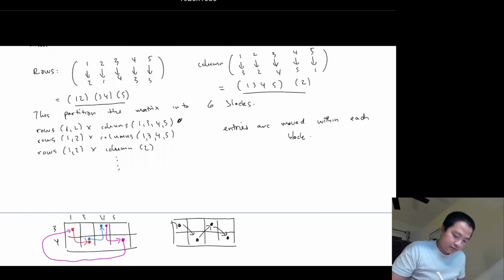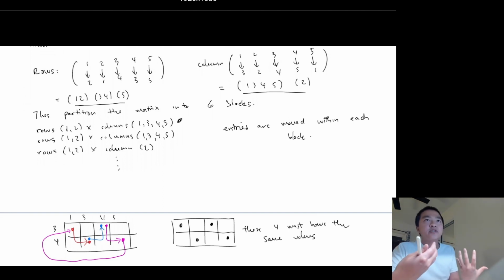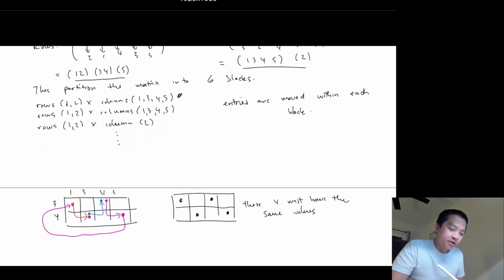So if you apply this transformation and you end up with the same matrix, then these four entries must have the same values.